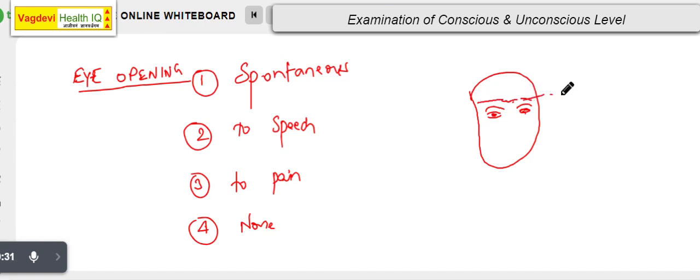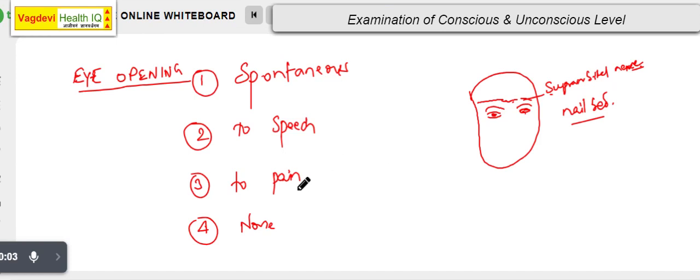You have to press this place, the supraorbital nerve. This is irritating, so that's where the patient will open the eye, if he or she is at that level. Or you can also press the nail bed of the patient. That's also one of the techniques in eye opening to pain.